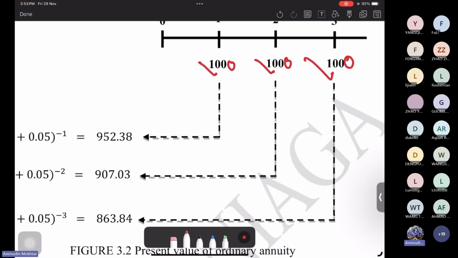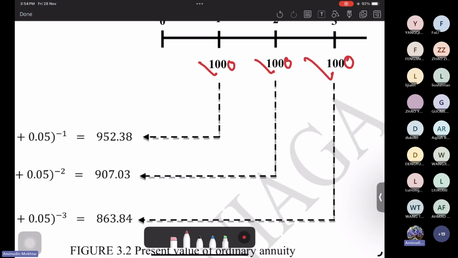For the first 1,000 that you will pay in the future at the end of year one, what is the present value of the 1,000 ringgit? If you plan to save your money in a bank, how much money do you need to save today in order to receive 1,000 at the end of year one, year two, and year three?